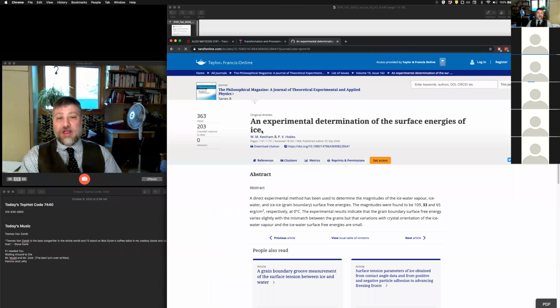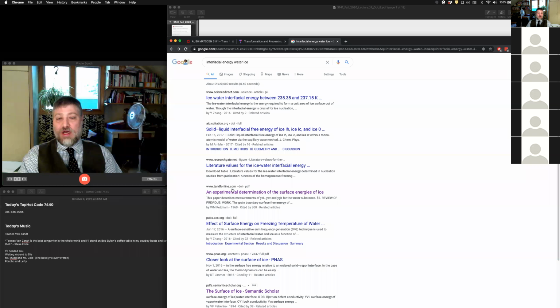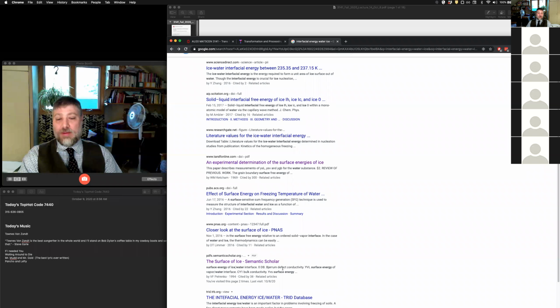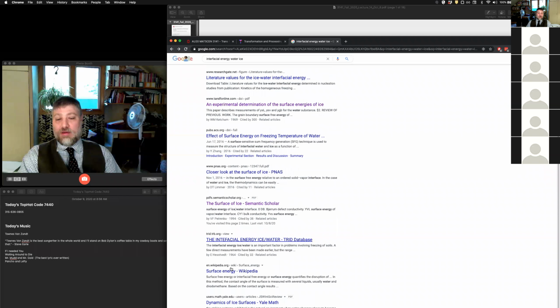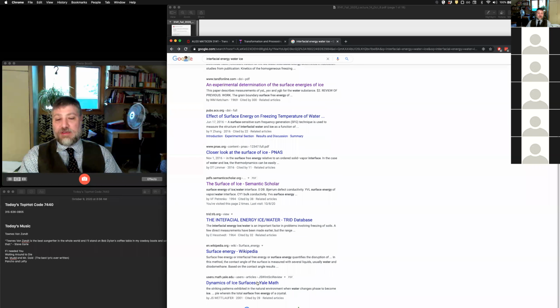This paper here, which we have access to through the library, actually has them all laid out in a table. Interfacial energy of ice water databases.